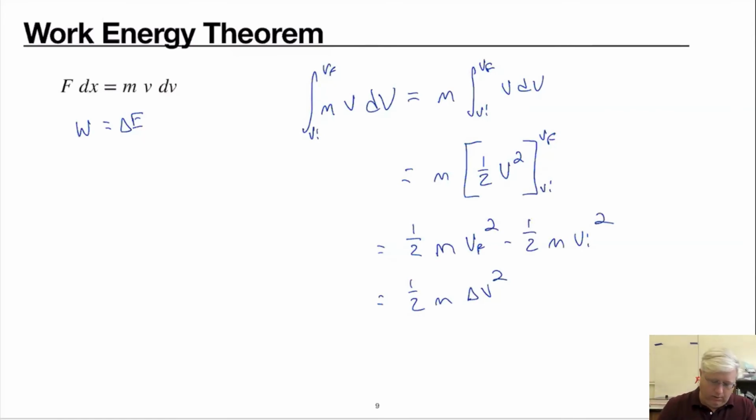So we might say work equals delta K. It's another way to express that. And for our purposes here, since we're mathematically only dealing with constant forces, we can rewrite this as F delta X is equivalent to 1/2 m delta v squared.